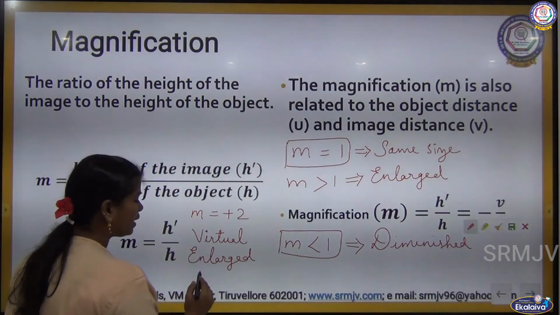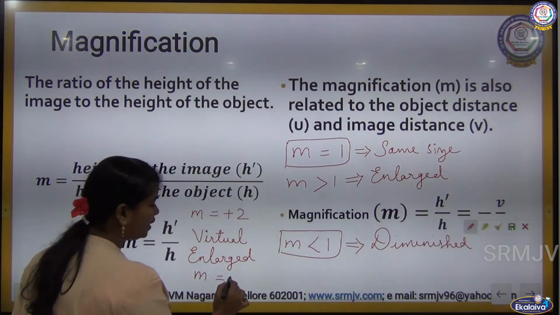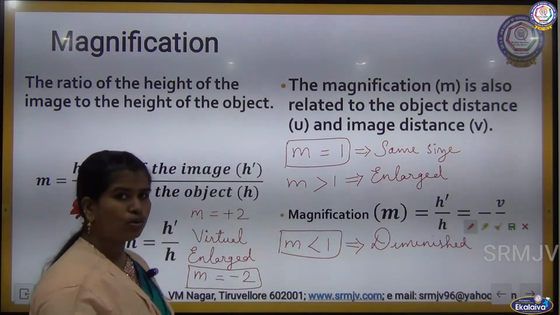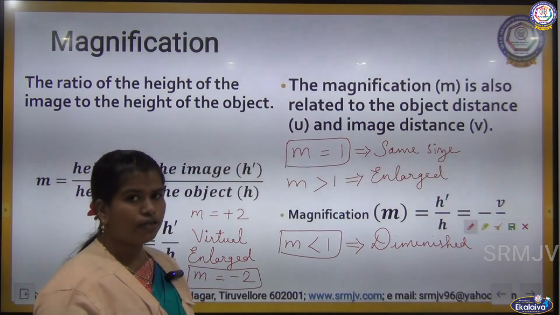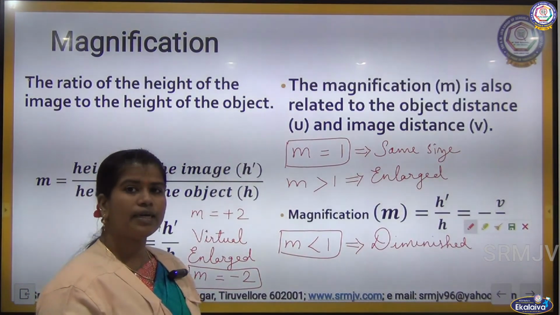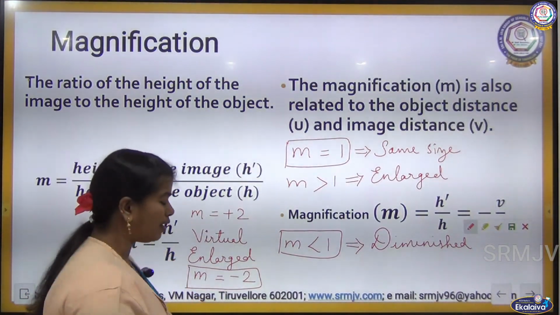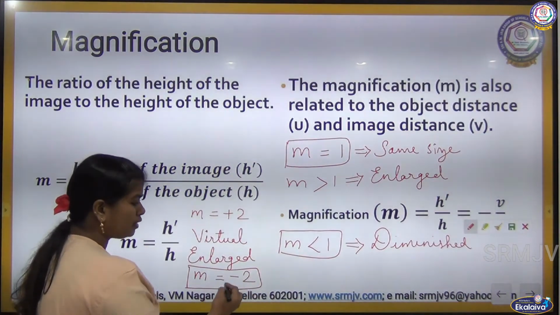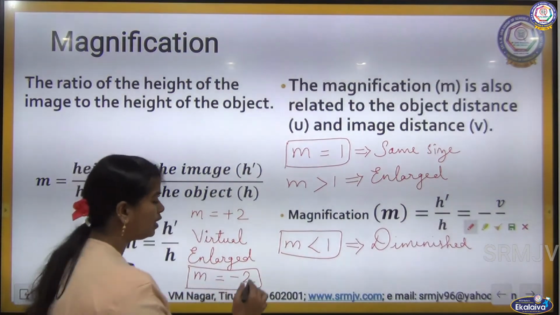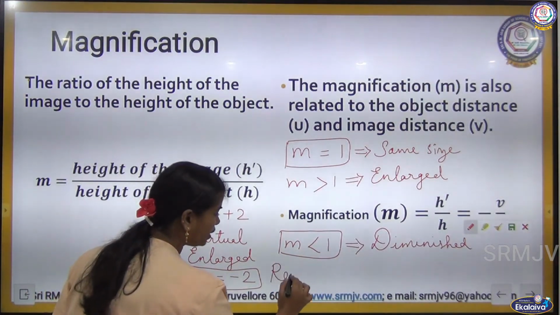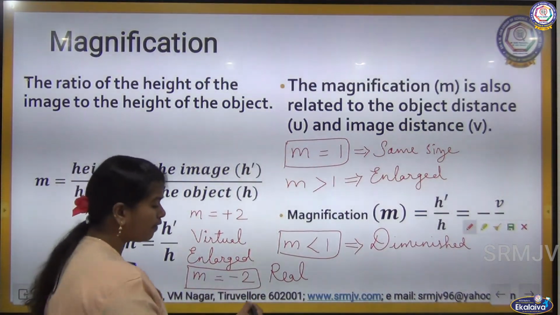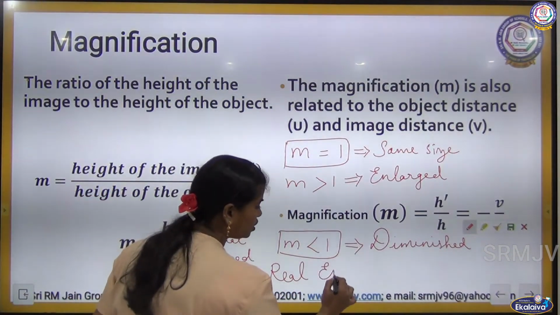Suppose the magnification is -2, please don't take it that -2 is less than 1. Sign gives us one idea and the number gives us a different idea. So m is equal to -2 means the negative sign indicates a real image, and 2 is bigger than 1, so it is an enlarged image.